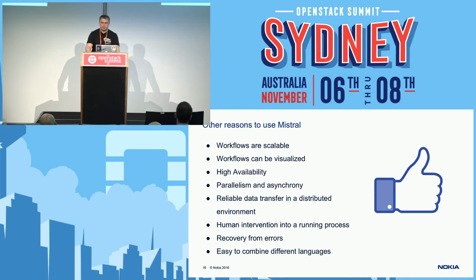And Mistral, as an execution mechanism, is going to take care of this parallelism. It's going to figure out the right order of executing things, and basically it will just take the burden to figure it out correctly.